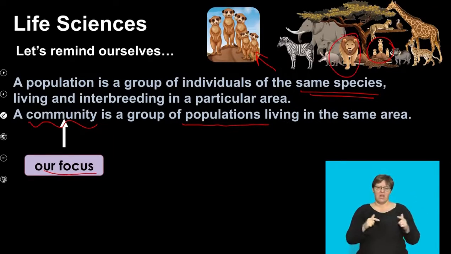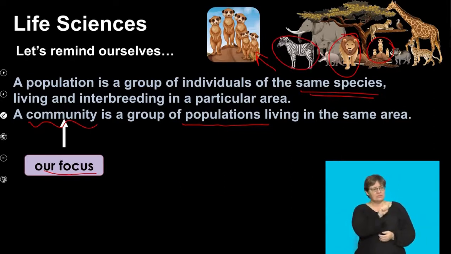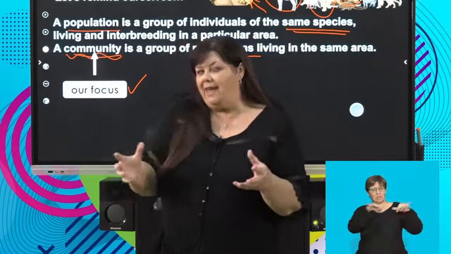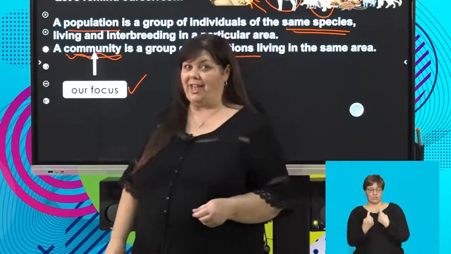So there we've got the lions and the zebra and the little meerkats, all living in the same area. So we're not only looking at populations, but also at how communities, which are different populations, all interact with each other.